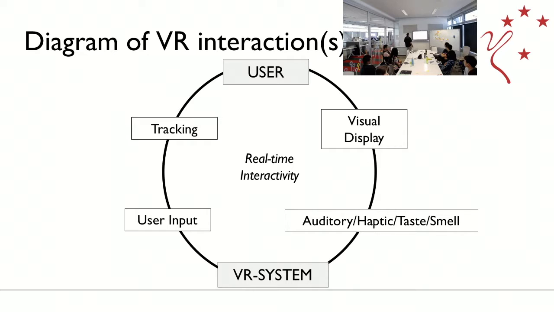So we can think about this kind of a diagram of VR systems. So we have a VR system here. We have the user, or multiple users, and somehow we have this loop around. The user might explicitly make some input, like press a button or say something, right? Or throw something. So they make some input into the system. We have some technology that tracks you.